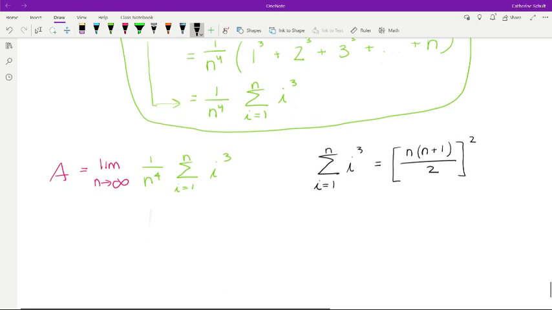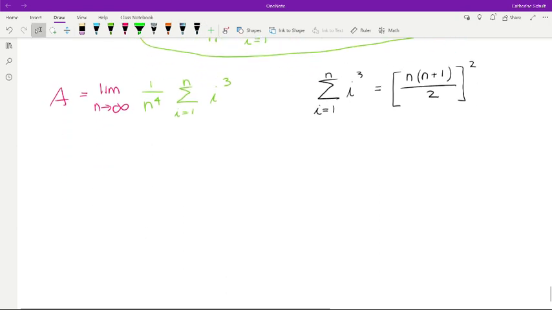All right, so we can now evaluate the limit by making that substitution. That area is the limit as n goes to infinity of 1 over n to the fourth, and we're going to substitute the sum of cubes.